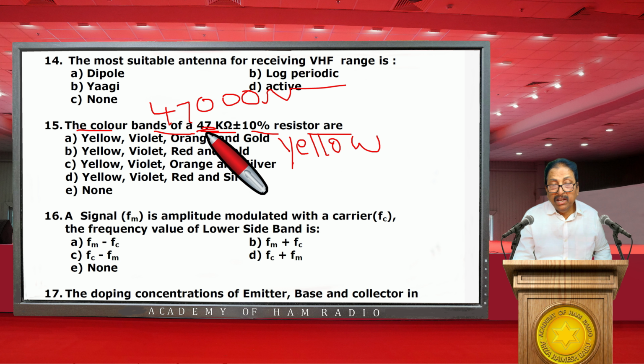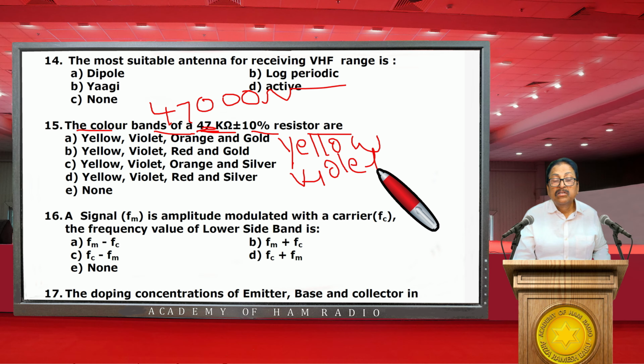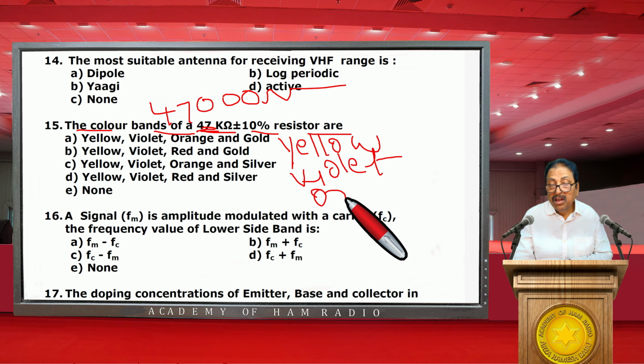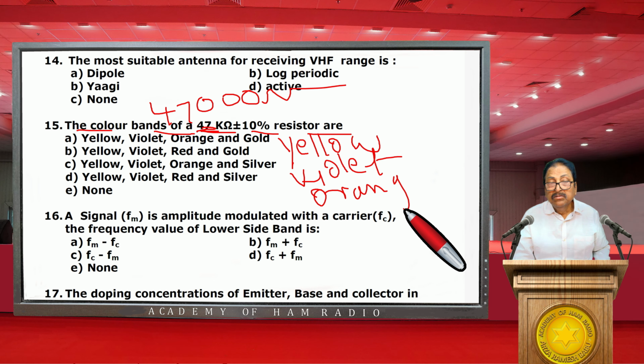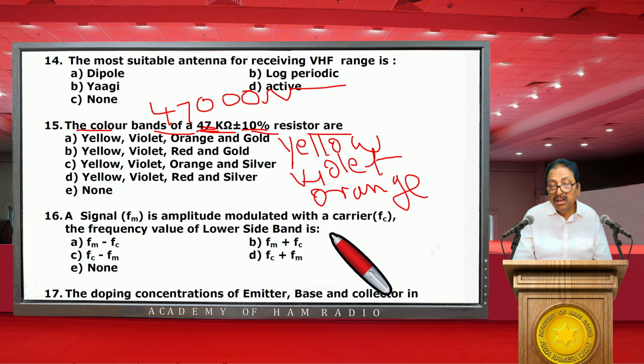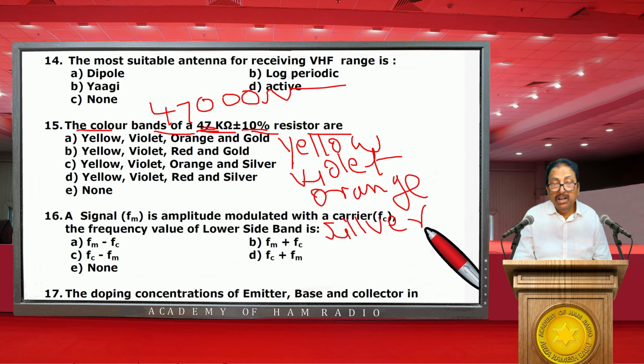Yellow, 7 is violet, 3 zeros we need so orange, and the final one, 10%, is silver. Yellow, violet, orange, silver. This is the answer. Charlie is the answer.